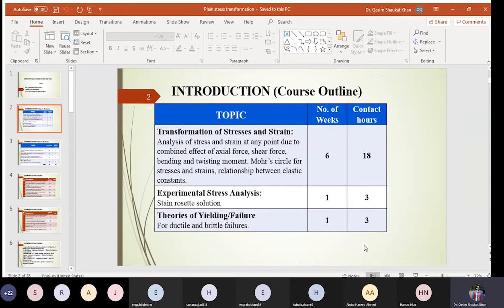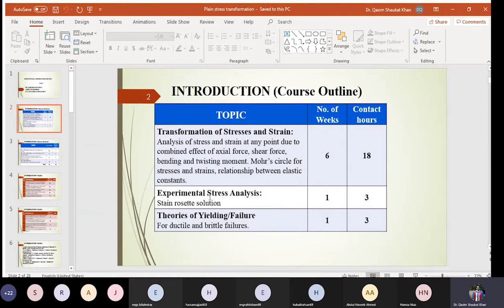Fine. And in the last weeks, we will study experimental stress analysis. This experimental stress analysis by strain rosette solution is actually similar to the strain transformation.